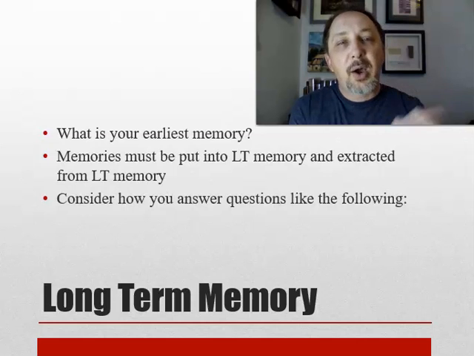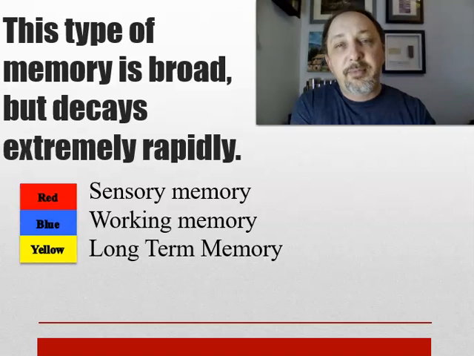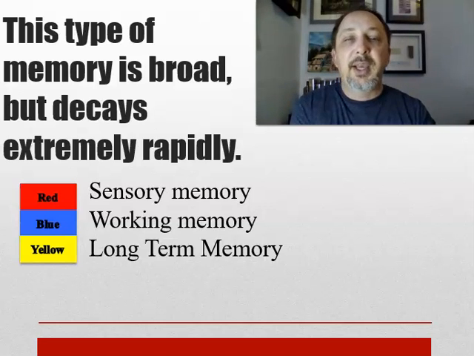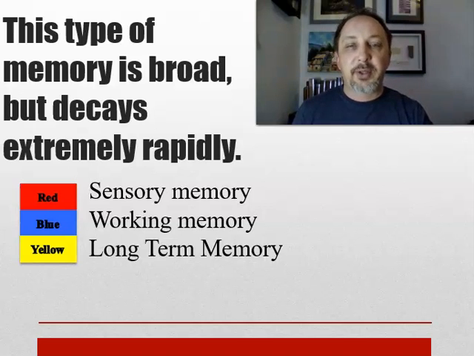Let's see how we do. Did these things get into your long-term memory? This type of memory is broad, but decays extremely rapidly. The fastest decay of any type of memory. Is it sensory memory, working memory, or long-term memory? And the answer is sensory memory.